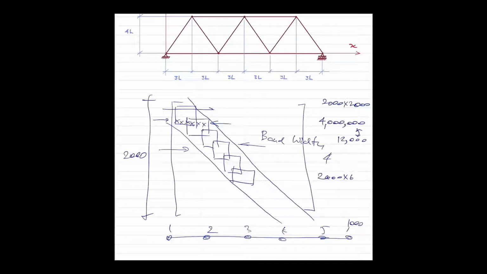The bigger the problem, the worse it gets. If instead of 2000 you go with 100,000, it squares up, right? If n is the number of rows, you have 6n in comparison with n squared.